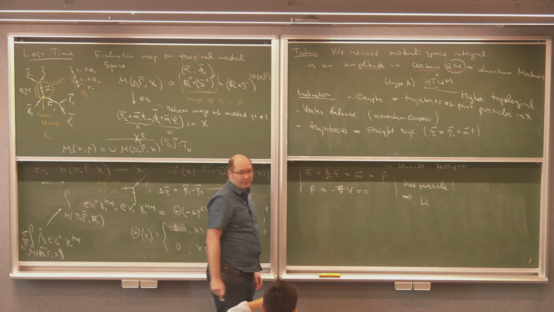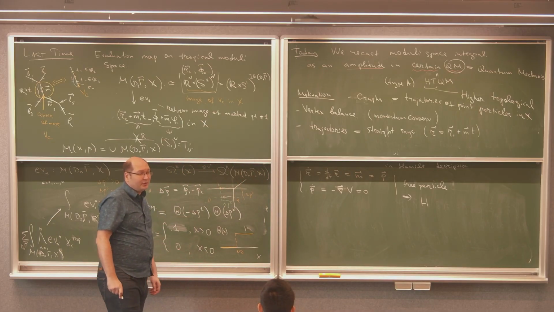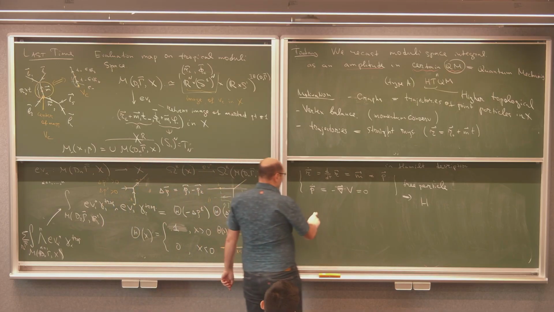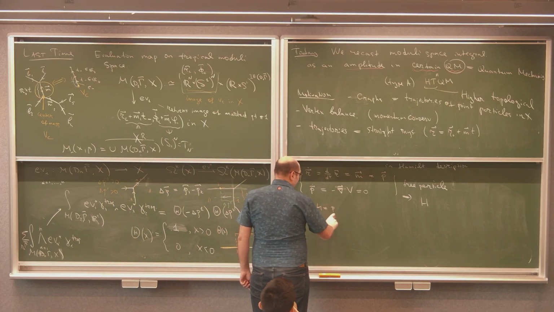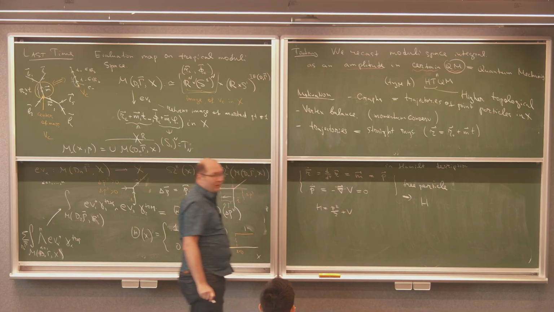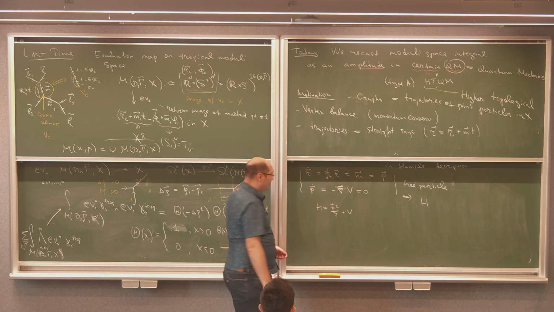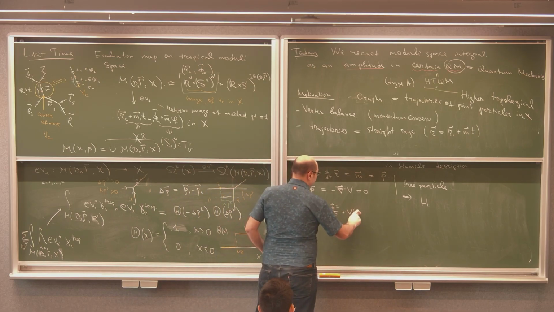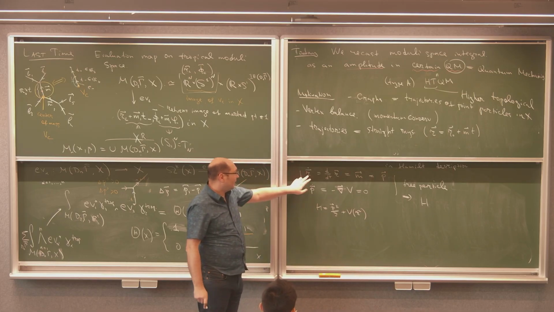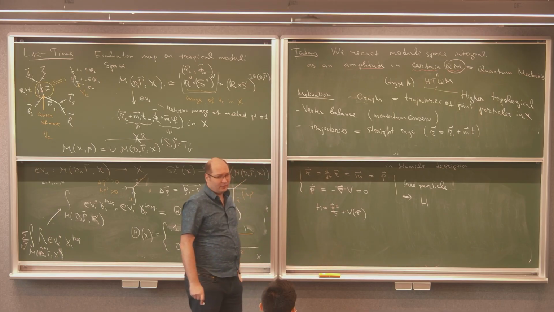So what is this V? It's the potential. In a Hamilton equation, you usually have a Hamiltonian, and then Hamilton's equations become r dot is p, and p dot is the gradient of the potential.